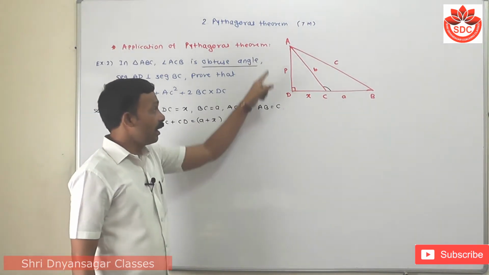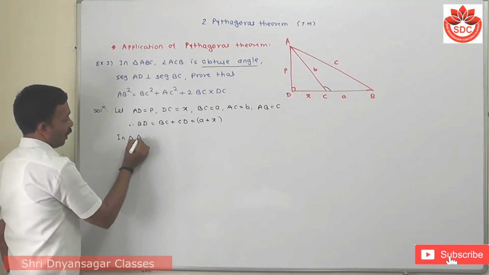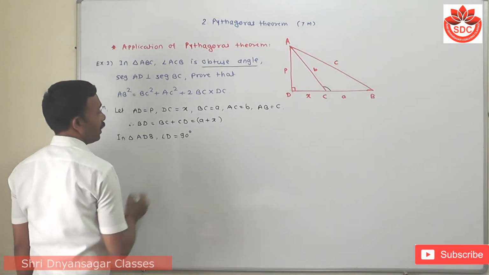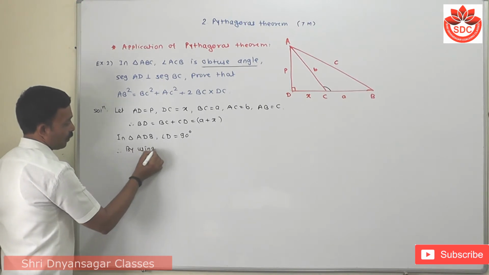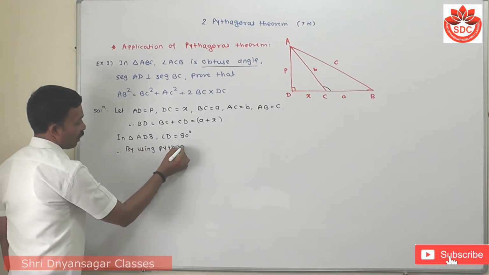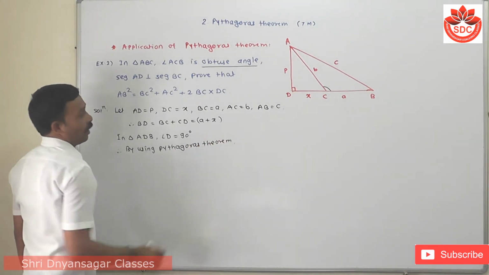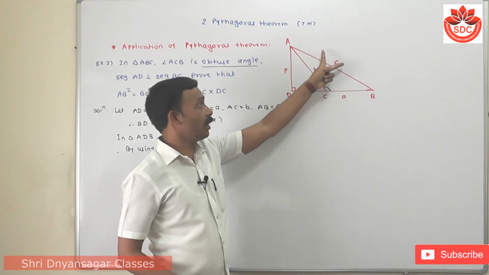Now in triangle ADB, look here, angle D is equal to 90 degrees. Therefore, by using Pythagoras theorem, the side opposite to the right angle is AB.